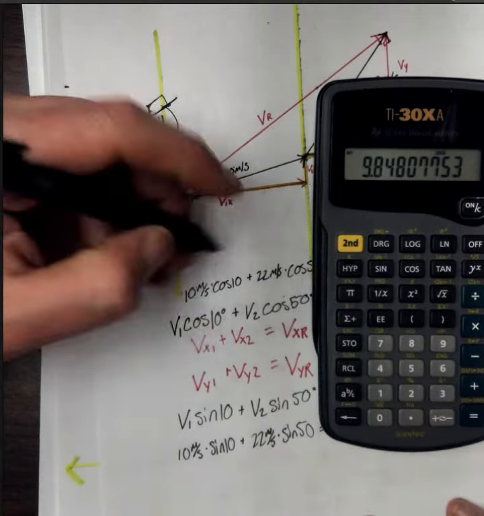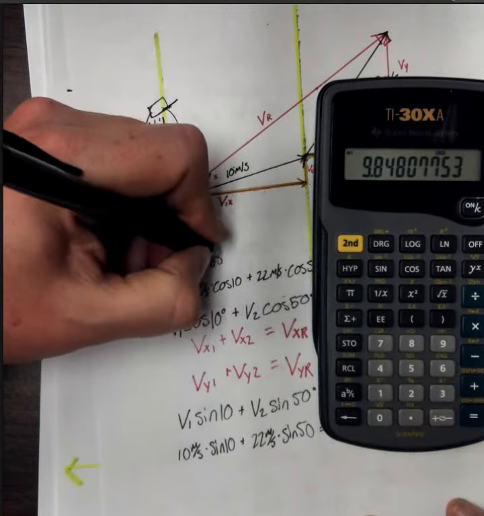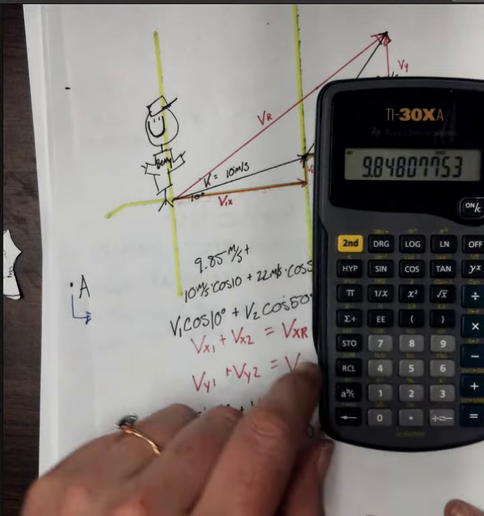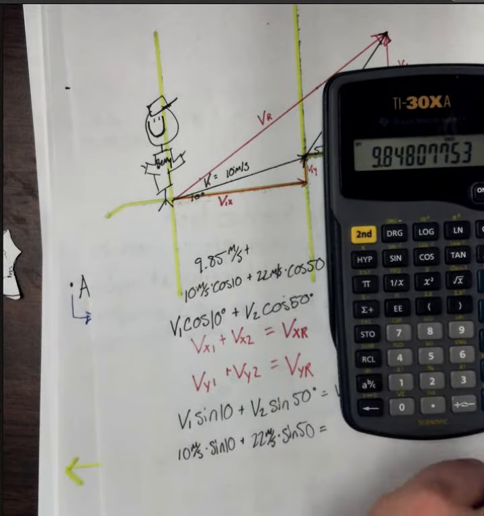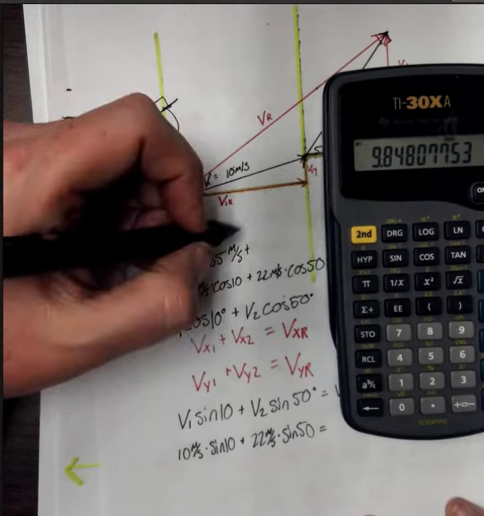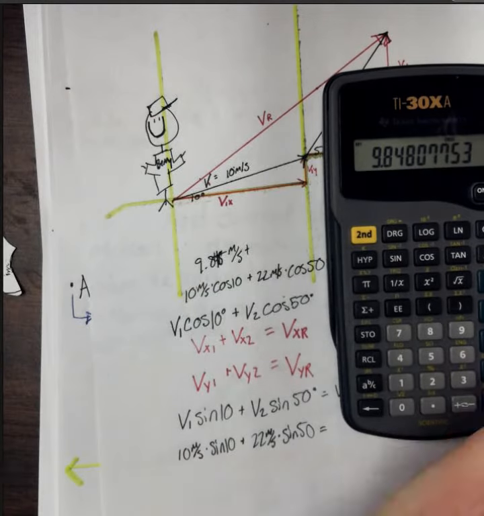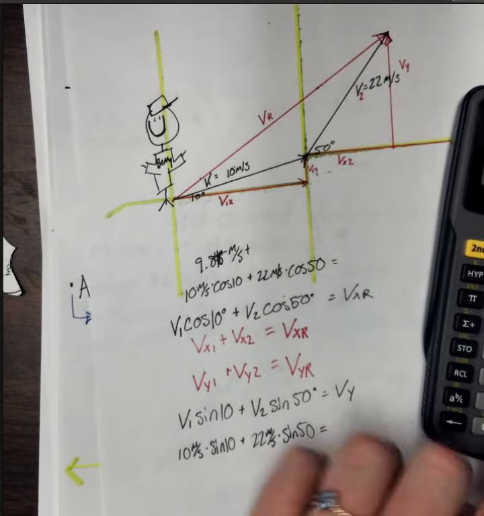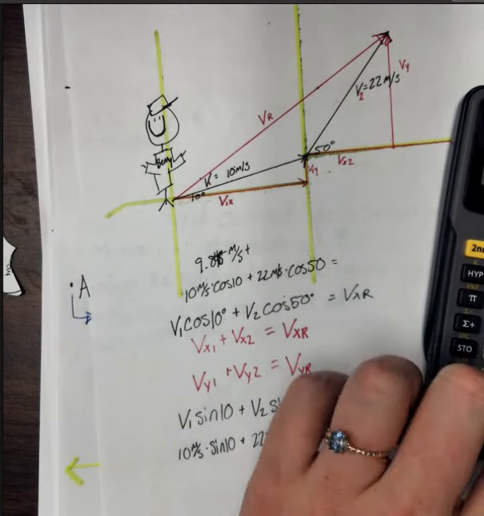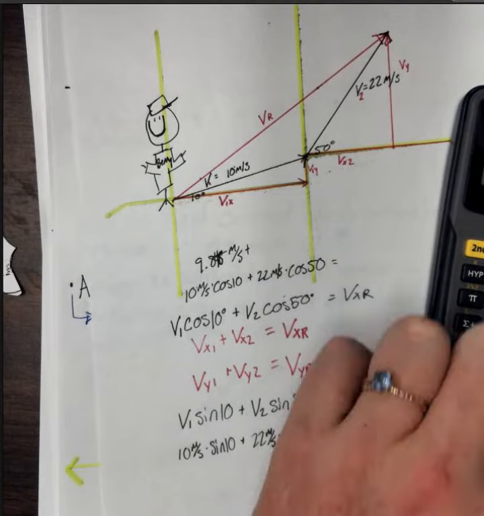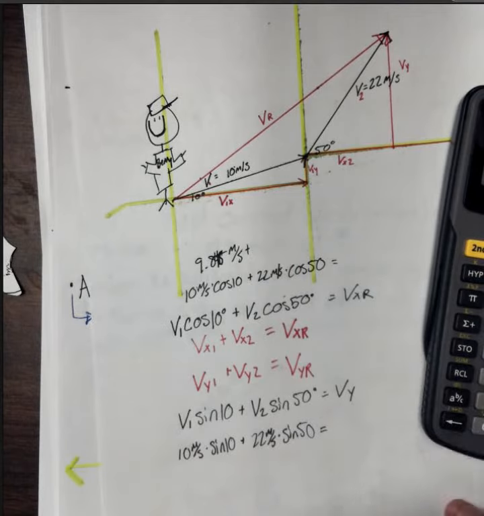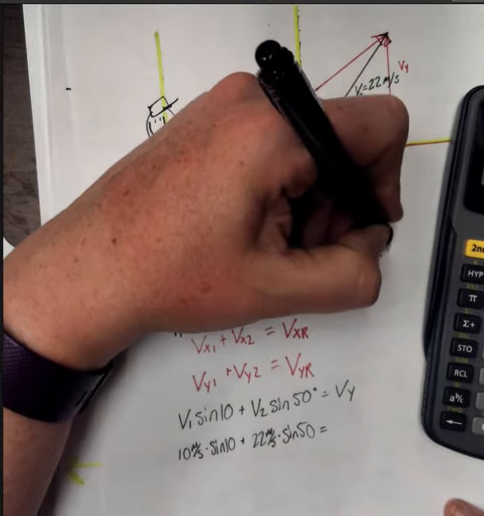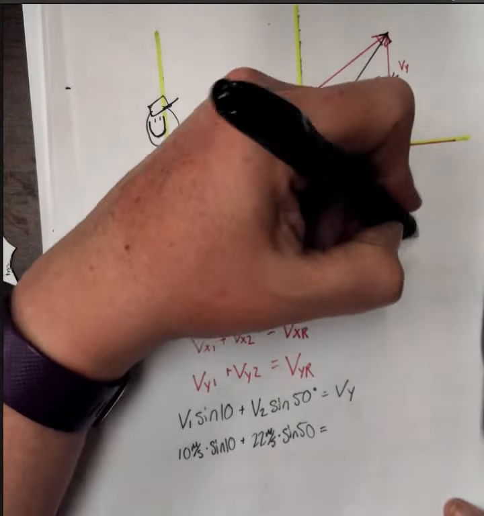So that's going to be 9.85 meters per second plus 14.148, I'm going to keep more significant figures than that, and that will equal 23.99 meters per second.